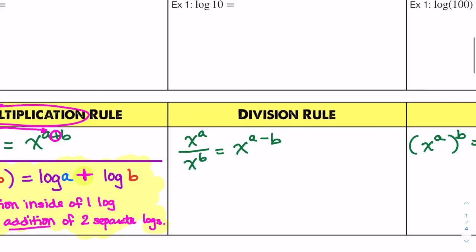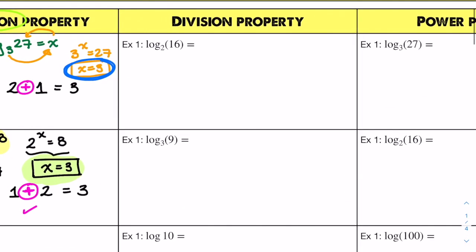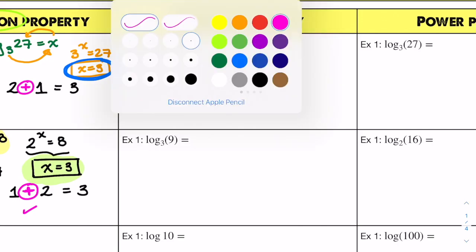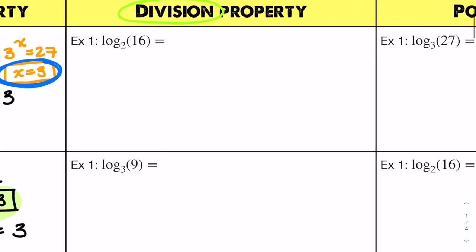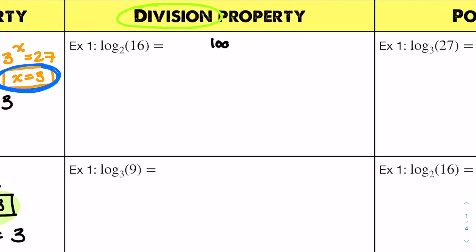Okay, then we go to our division rule. So just like exponents had a division rule, logs do as well, since they're pretty much the same thing. So we'll start with this example. And this one says log base 2 of 16. And again, I'm not trying to trick you. I'm not trying to make anything more complicated. This is a log you could do right now off the top of your head.